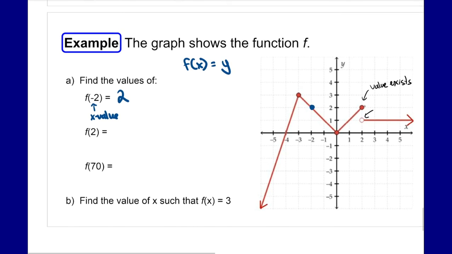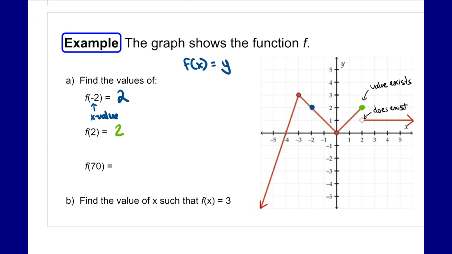With no circle or an empty circle, that point does not exist in this function. So that means that for f at 2, the y value in this case is 2.